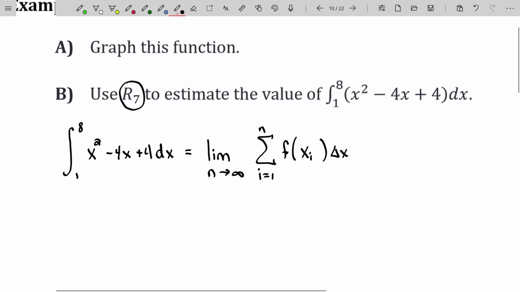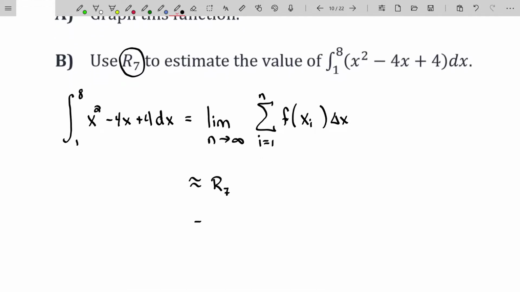And we are going to approximate this using R sub 7. And R sub 7 is equal to the summation i equals 1 to 7 of f of x sub i, right endpoints, delta x.